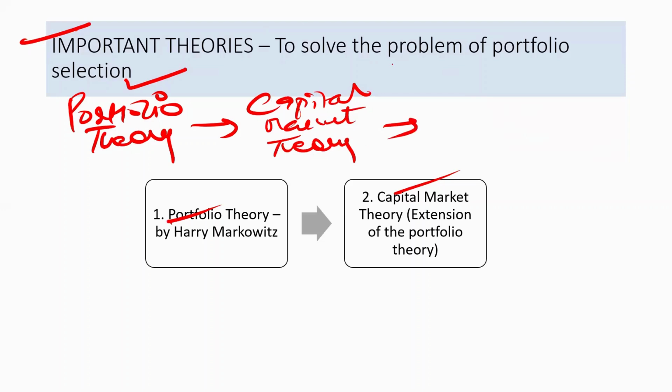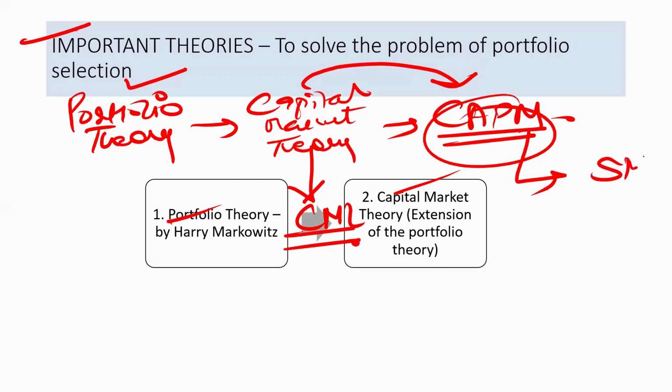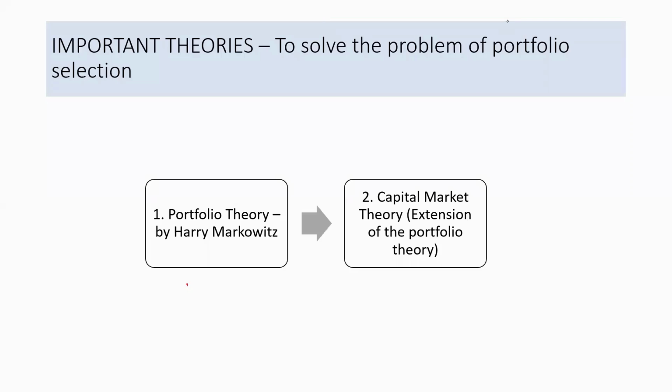Then again, an extension was there, which was the CAPM model. We have to represent this graphically. We used CML, and to represent the CAPM, we used SML. So these are the topics that we are going to cover.